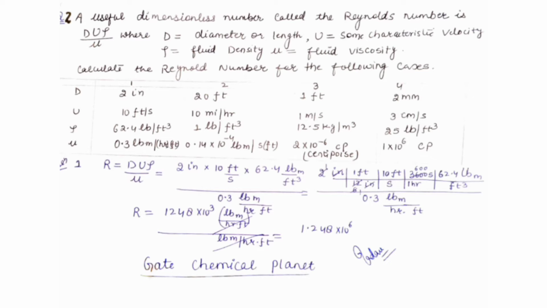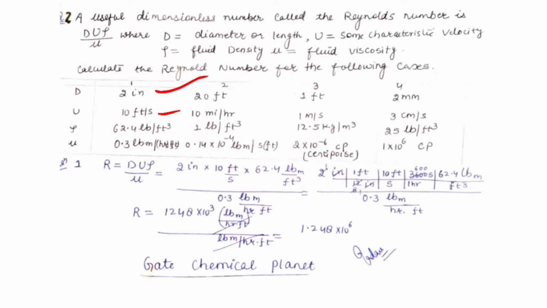First we will consider case 1, in which the value of diameter is 2 inches. The velocity is 10 feet per second, density is 62.4 lbm per feet cube, and viscosity is 0.3 lbm per hour feet.